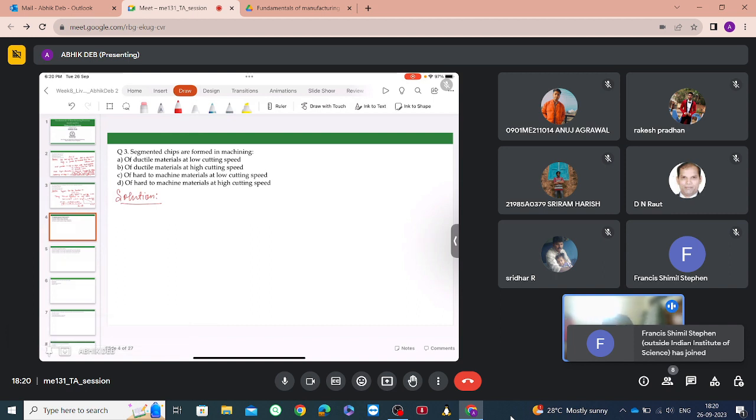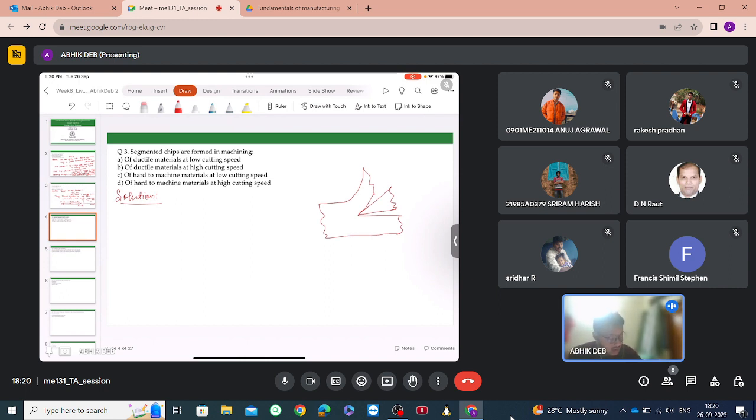So you know about different kinds of chips, right? So this is say a continuous chip. Then there are discontinuous chips.